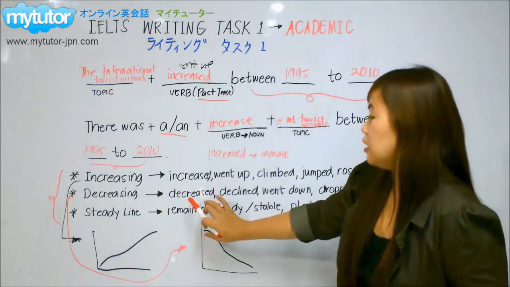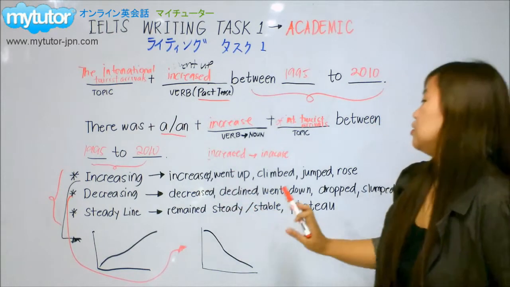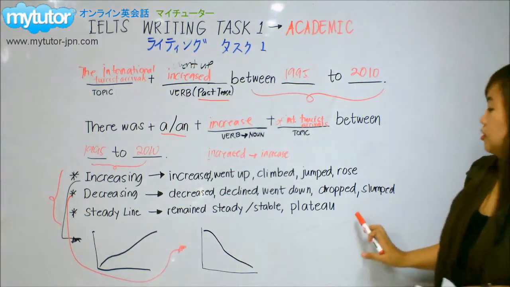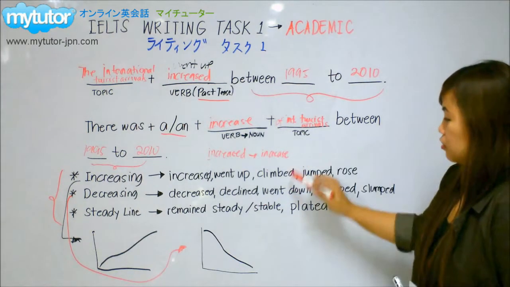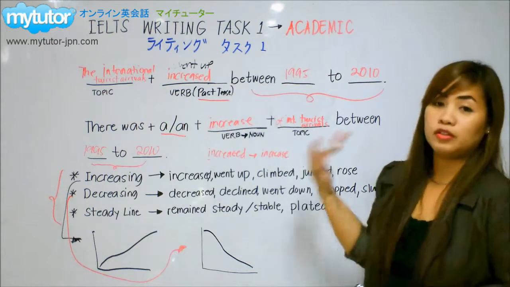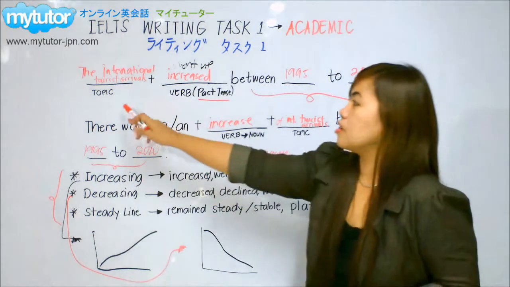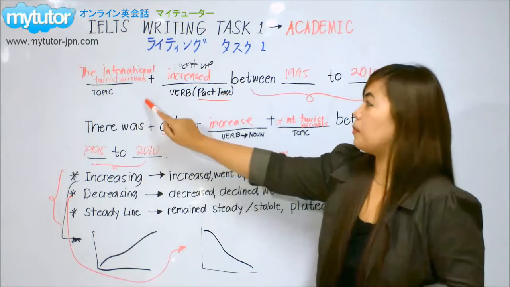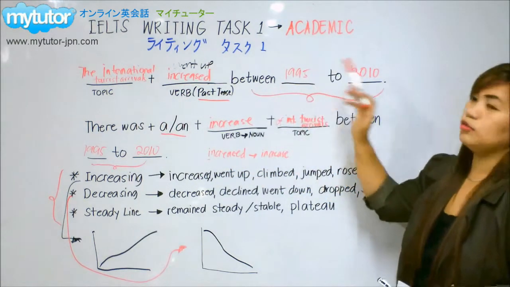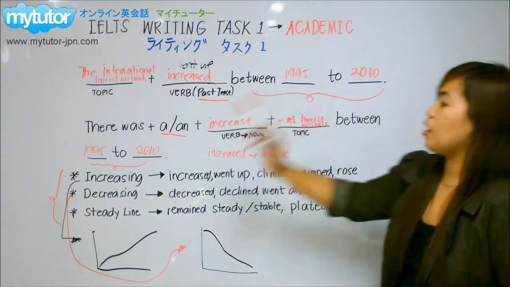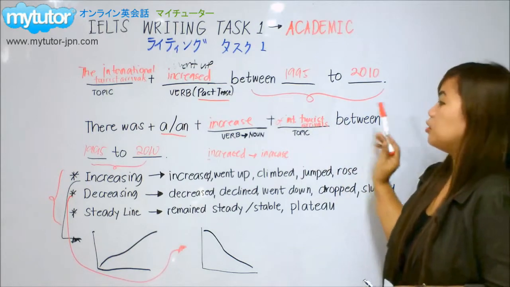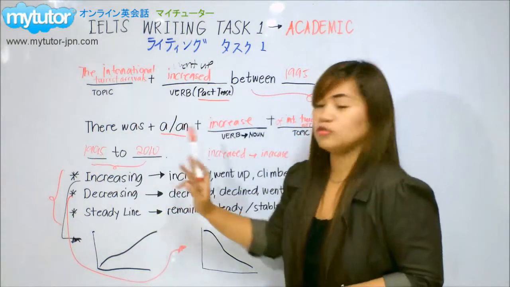You can say decreased, declined, went down, dropped, or slumped. Either way, you can use any of these alternatives. For example, if it decreased, you can say the sales of cars in Japan declined between 1990 to 2000. Or there was a decline of car sales in Japan between 1990 to 2000.